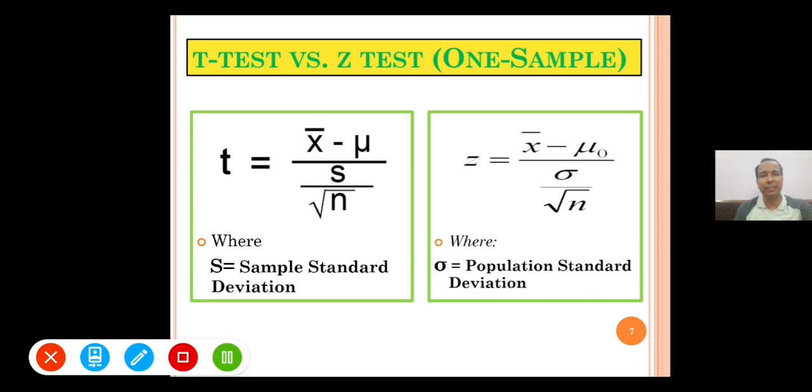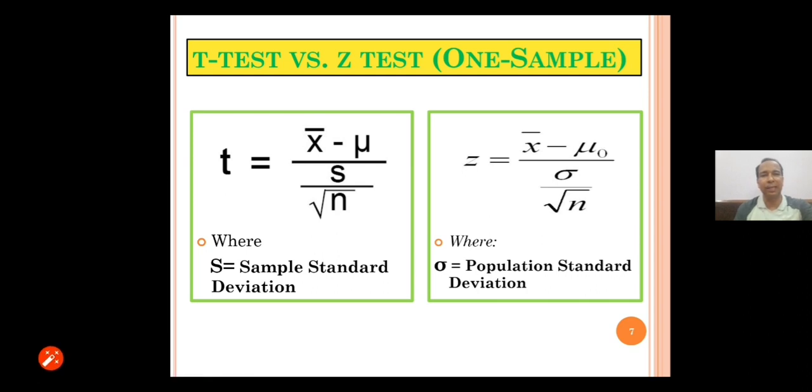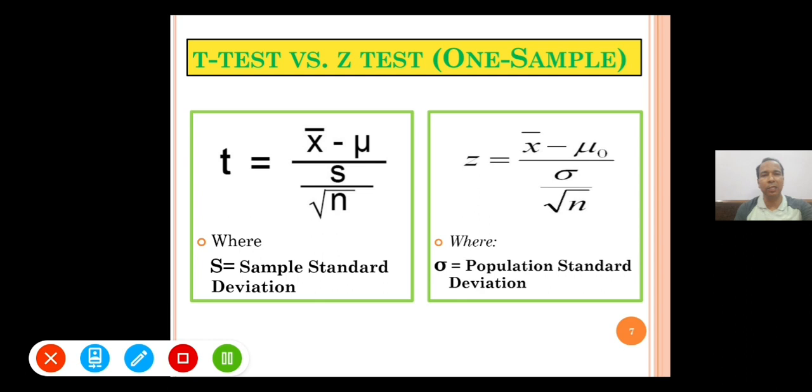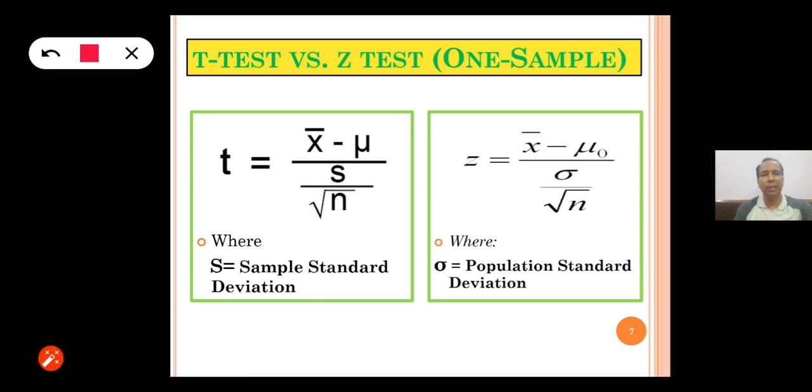Now the t-test statistic is x bar minus mu upon S upon root n, whereas the z statistic is x bar minus mu upon sigma upon root n. So the main difference is S and sigma.